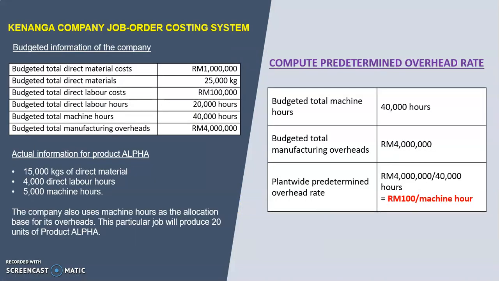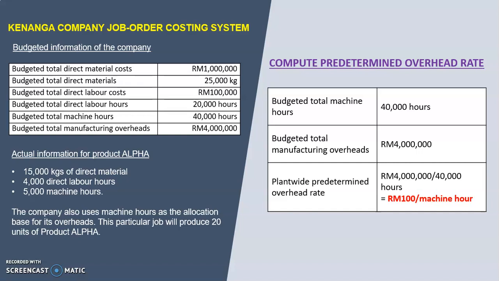So we have this company named Kenanga Company, which uses a job order costing system. And you can see the budgeted information of the company here. You have budgeted total direct material cost, budgeted total direct materials, budgeted total direct labor cost, budgeted total direct labor hours, budgeted total machine hours, and budgeted total manufacturing overheads.